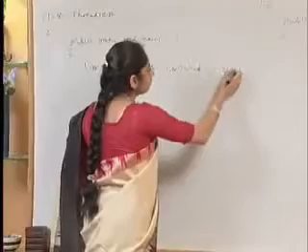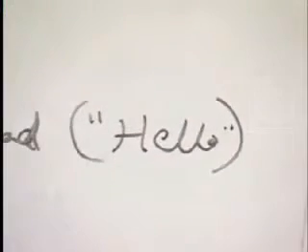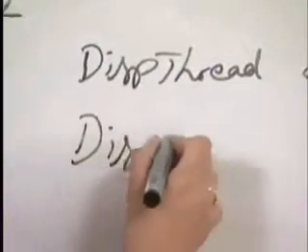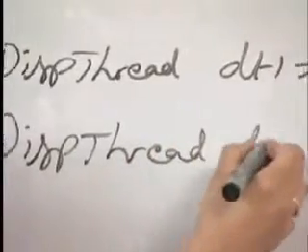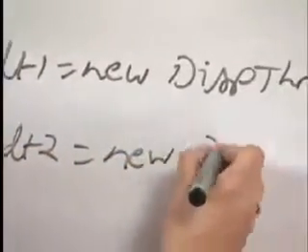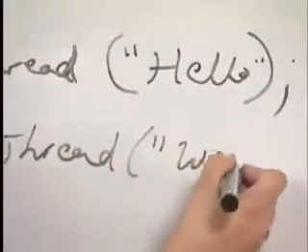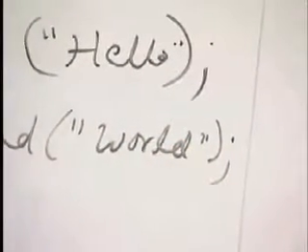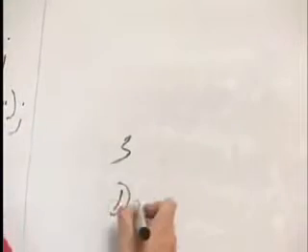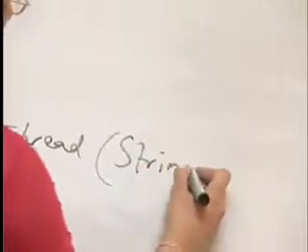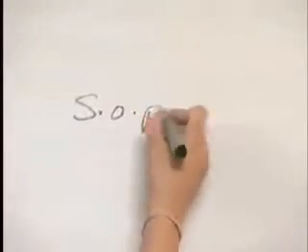Let's say hello will be displayed by DispThread dt1. And similarly, we will create another DispThread object, dt2 is equal to new DispThread, which takes world, which means I need to have a constructor here which takes a string message which I need to display here.